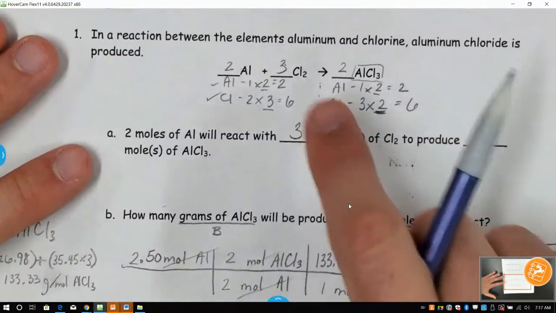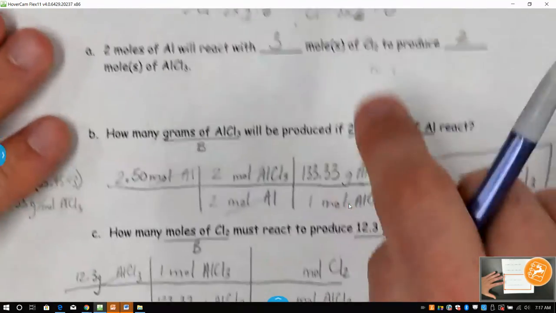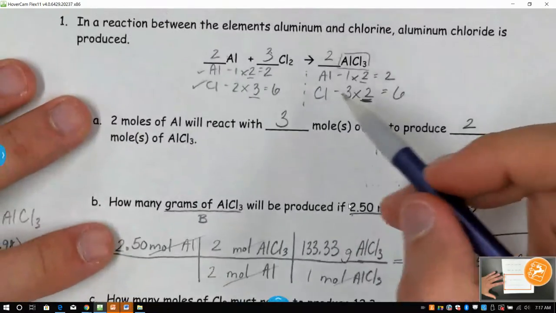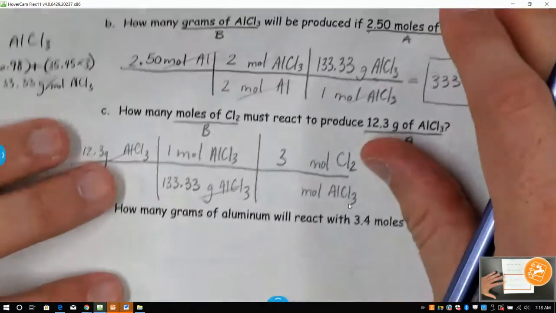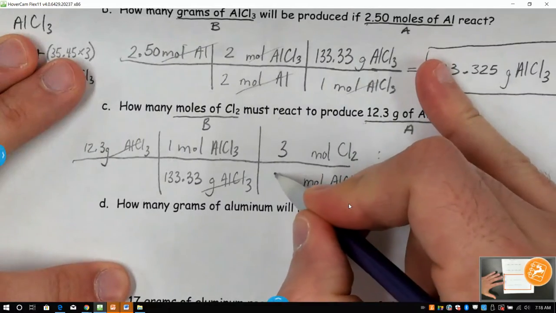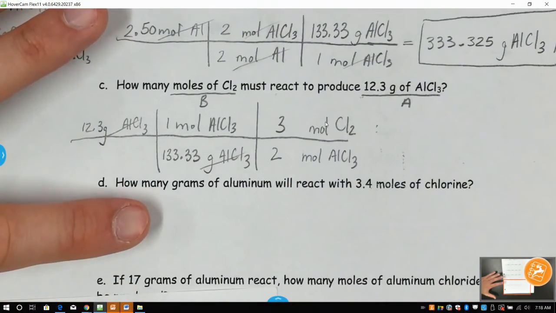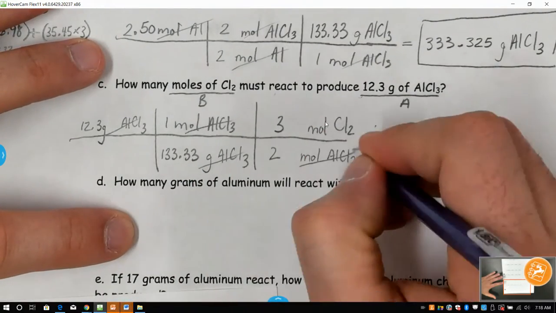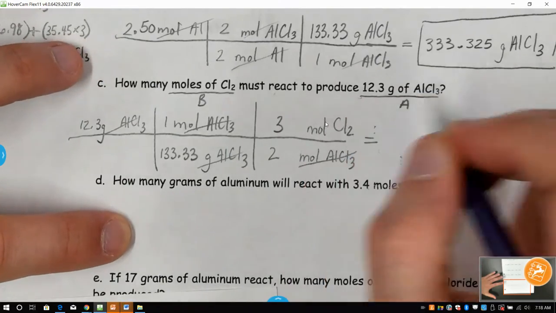If we look up top, the coefficient for chlorine was 3, so that is what we have here. And the coefficient in front of the aluminum chloride is 2, so that is what we have here. Moles of AlCl3 on top and bottom cancel, giving us the unit we wanted, moles of chlorine.